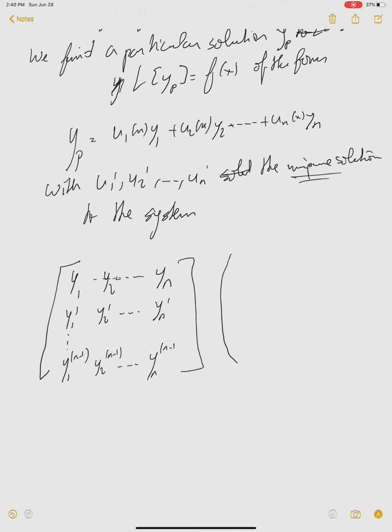This is known because y_1 up to y_n are known, and I multiply it by u_1', u_2', u_3' up to u_n', and all this should be equal to 0, 0, 0, except the last one, which is f(x).